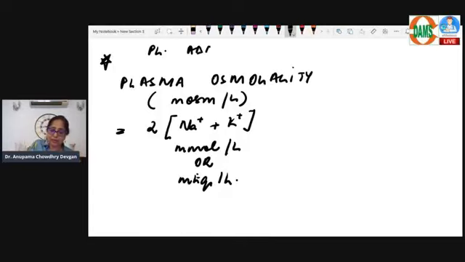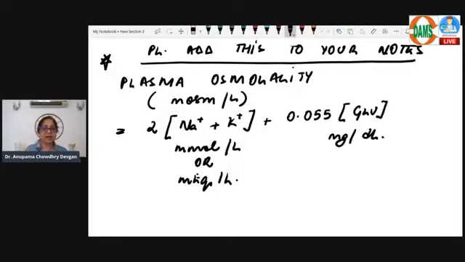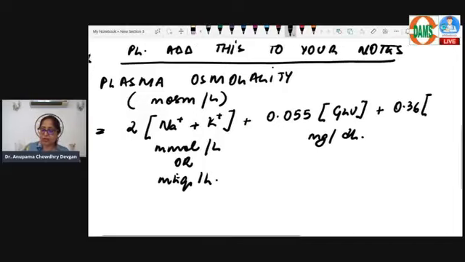Please add the following to your notes. How to calculate the plasma osmolality: that is 2 into sodium plus potassium, plus 0.055 into glucose, where glucose is in milligrams per deciliter, plus 0.36 into blood urea nitrogen, which is also in milligrams per deciliter.